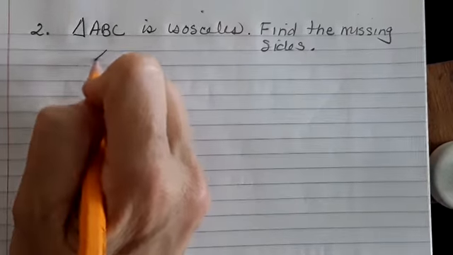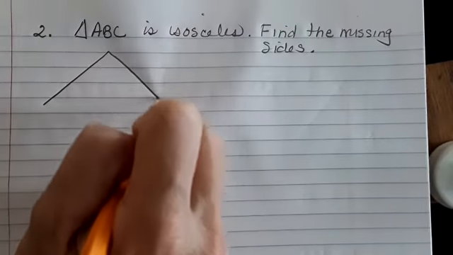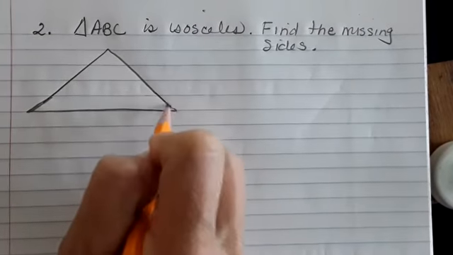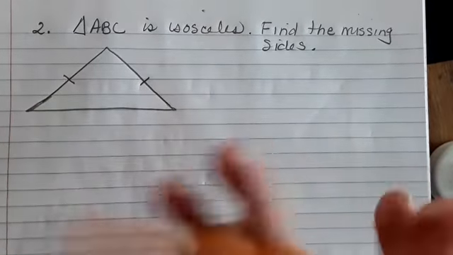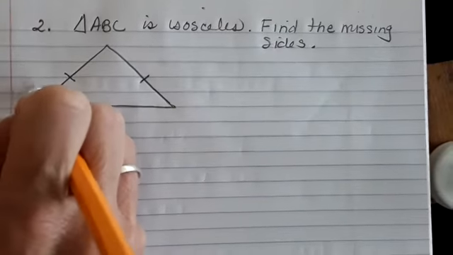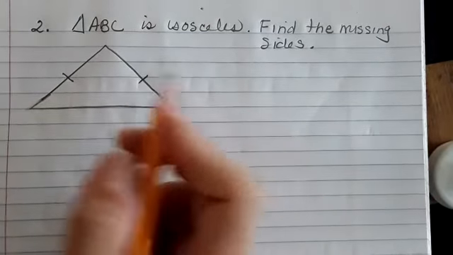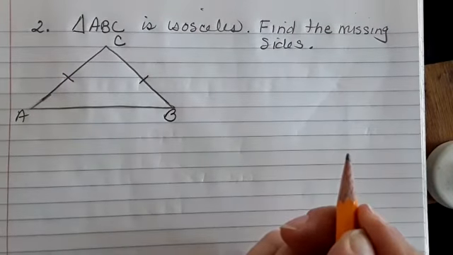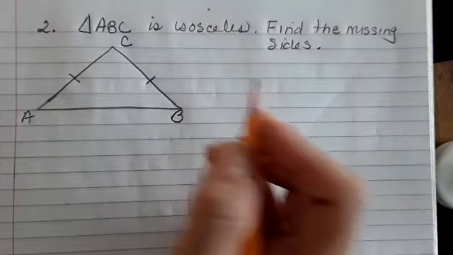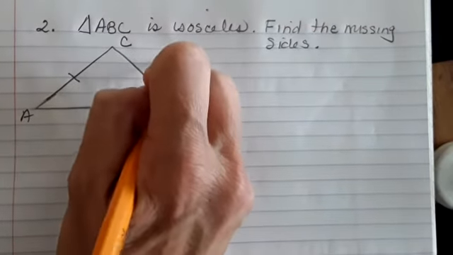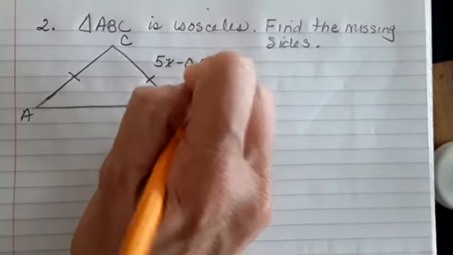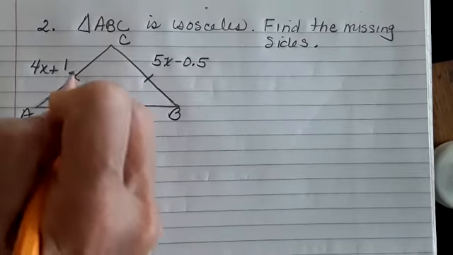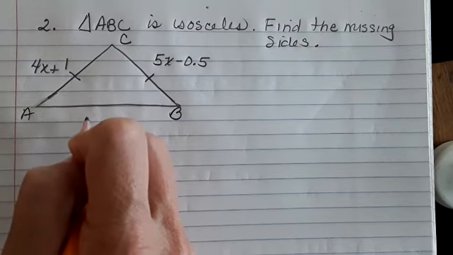All right, so we want it to be isosceles. We'll make those two sides the same. All right, we will call this side 5x minus 0.5. This side will be 4x plus 1. And we'll make this 9x minus 1.